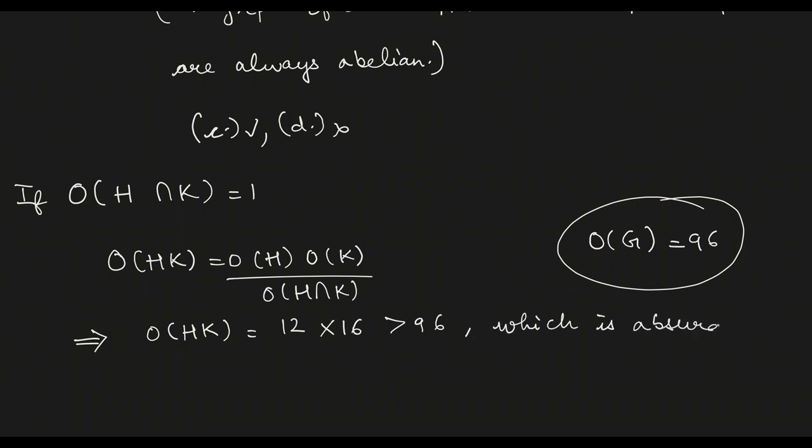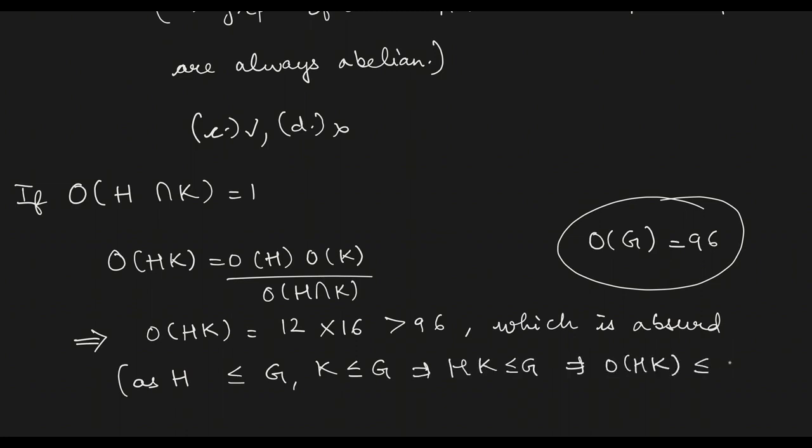This means that H intersection K cannot be identity, which is absurd, as H is a subgroup of G, K is a subgroup of G. This implies HK is a subgroup of G. So the order of HK is less than or equal to 96.